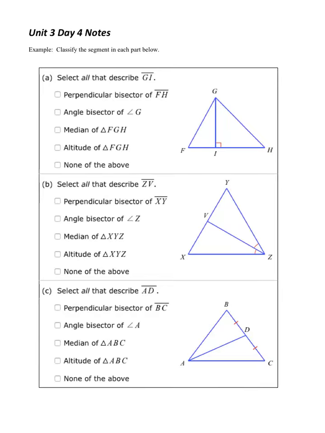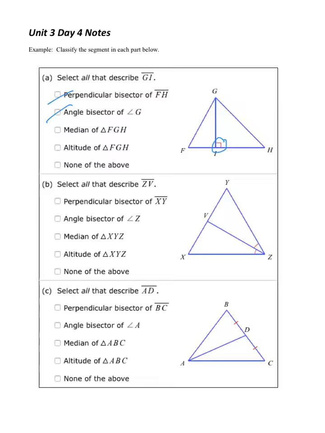Here's where we apply them. We're going to select everything that describes GI. Look at the picture. The only thing we have is a right angle marker. Is GI bisecting FH? It is not. So it can't be a perpendicular bisector. Is angle G bisected? There are no markers. It is not.